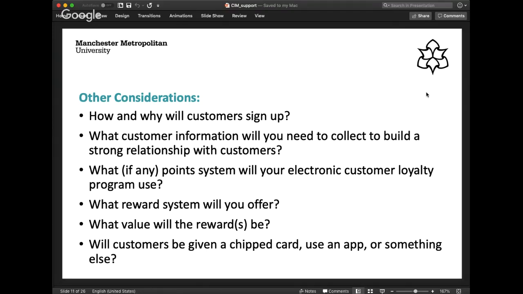You need to really think about what customer information you need to collect through whatever loyalty program you do to get a stronger relationship with your customers.